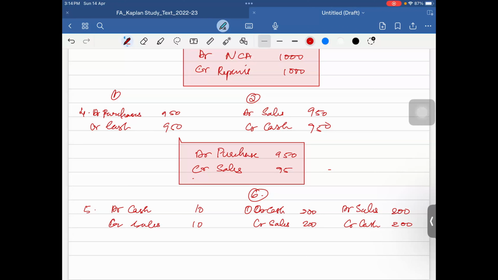Now you need to correct it. So when you're going to correct it, would you use the same amount? If the same amount is used, what is the problem? It wouldn't show as an error on the trial balance. Would it correct the original transaction?